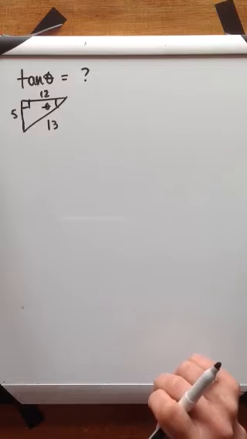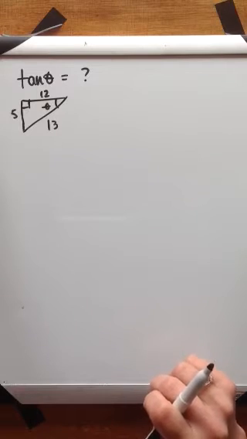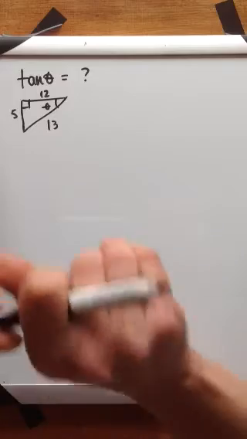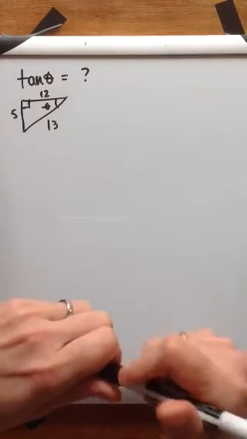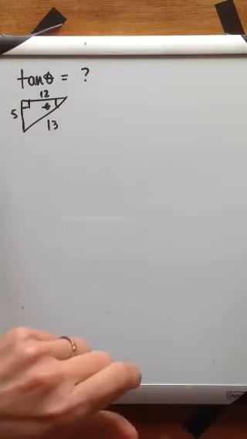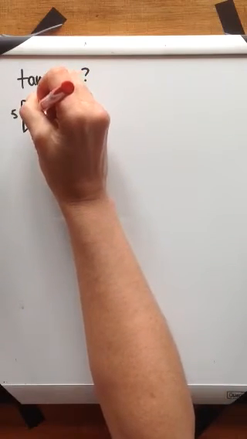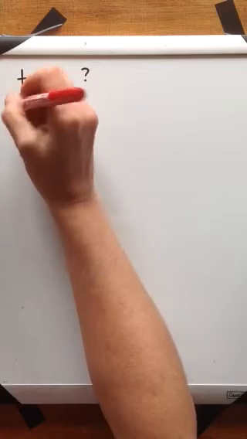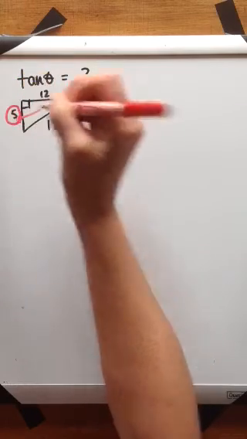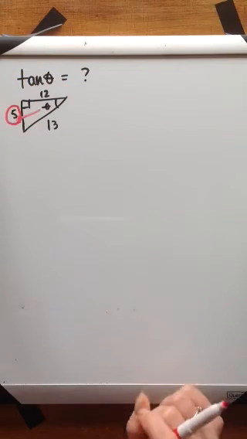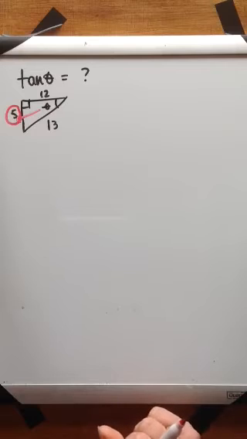So we realize that tangent has to be equal to something called opposite over adjacent. What that means is that if I look at theta in particular, I'm going to look across from theta to see what the opposite side length is from that angle. And there it is, it's 5.